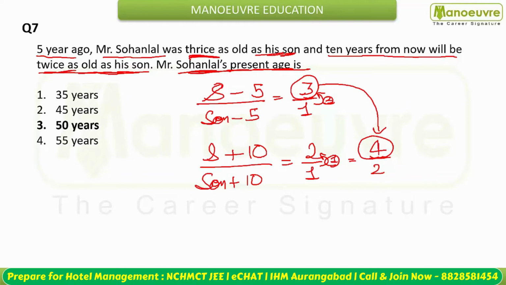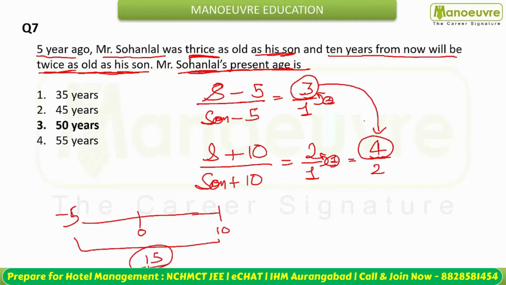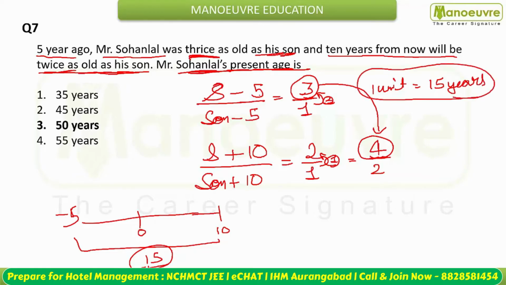Okay, and in actual life, how much did he travel? That is from -5 he traveled to 0, until future 10. That is, he traveled 15 years. So you can say this 3 to 4 difference, that is 1 unit, is equal to 15 years. So you can directly equate in any of the equations.